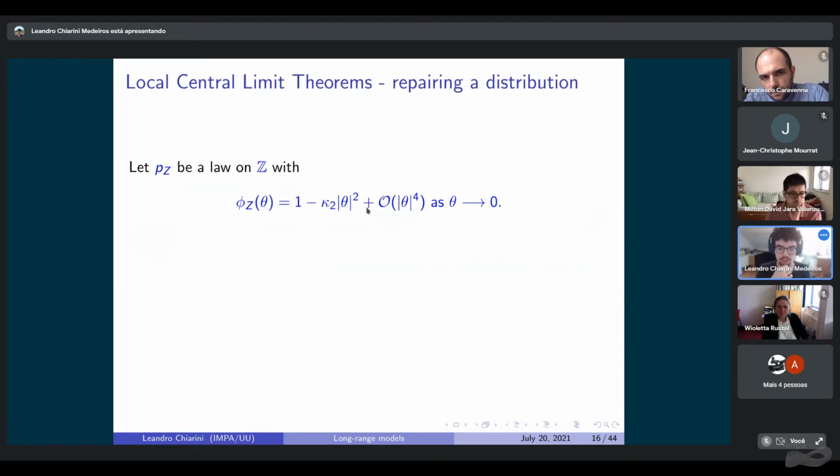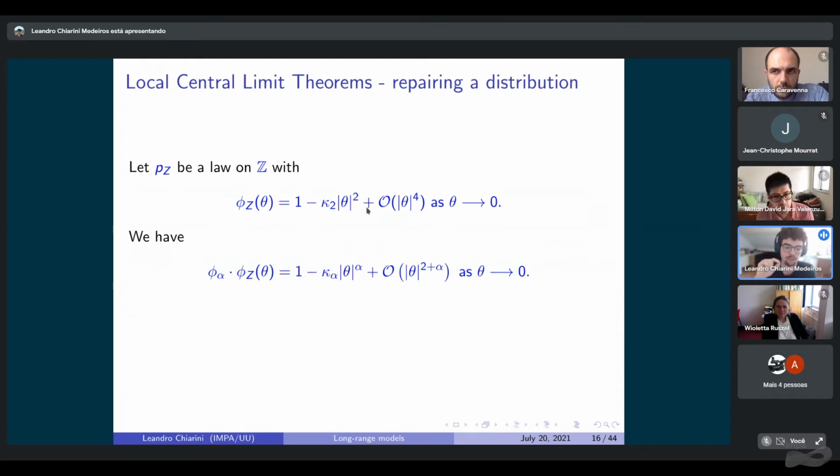You can just get a random walk which obtains 3 values, 0, plus m and minus m, and the m's are given according to kappa 2. So it turns out that now, remember, what we're trying to do is not necessarily think about p alpha, but instead we're trying to get a good distribution in the domain of attraction of the stable distribution that we're working with.